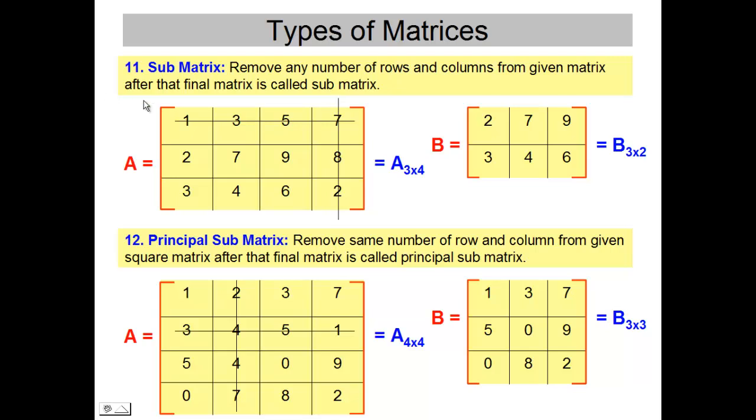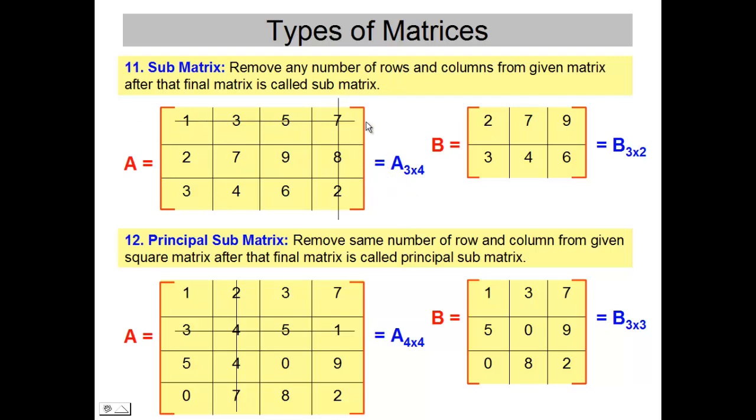Now the eleventh matrix is the submatrix. Remove any number of rows and columns from a given matrix. The final matrix after that is called a submatrix. For example, matrix A has 3 rows and 4 columns.